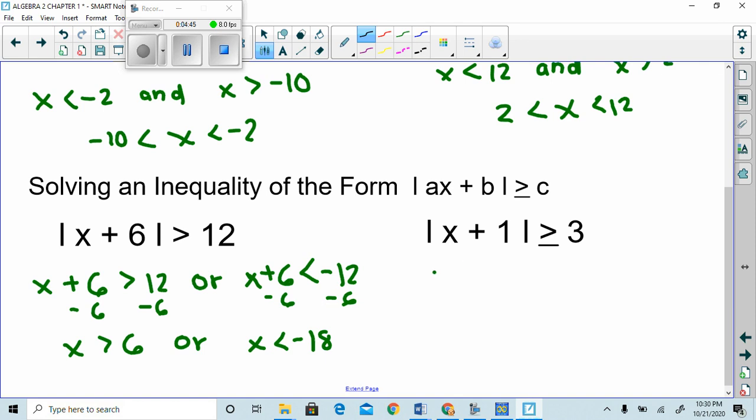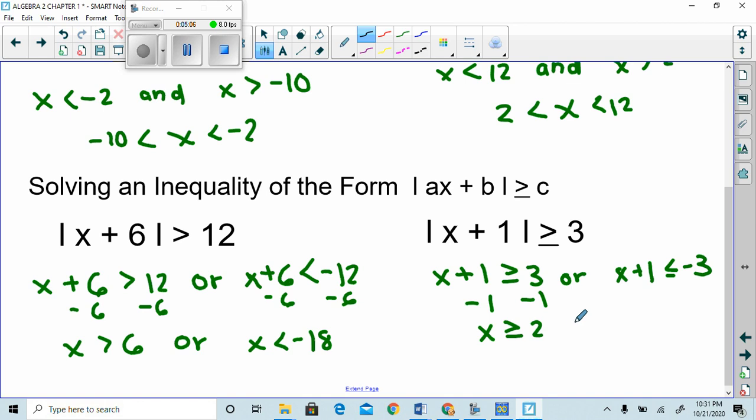We'll remove the symbol. x plus 1 is greater than or equal to 3, or x plus 1, reverse the symbol, change the sign. Subtract 1, x is greater than or equal to 2, or subtract 1, x is less than or equal to negative 4.